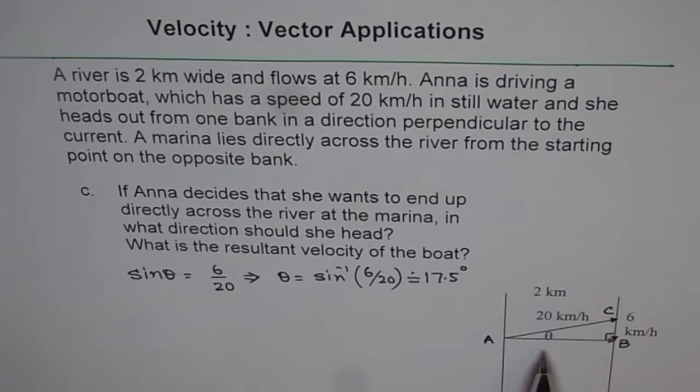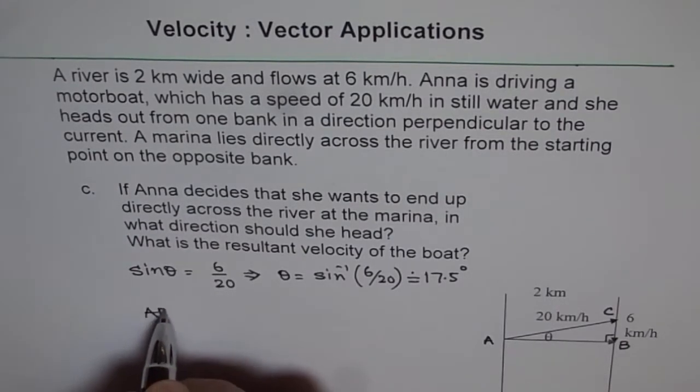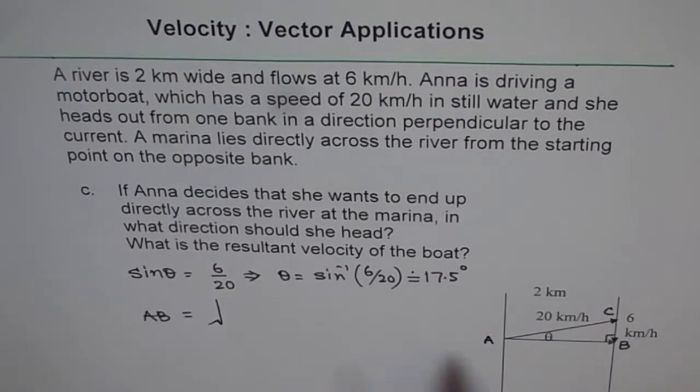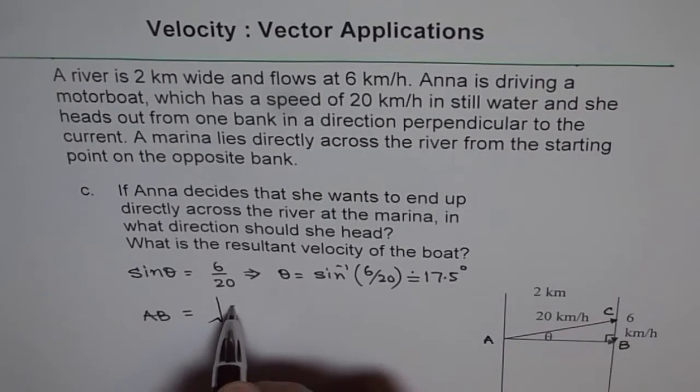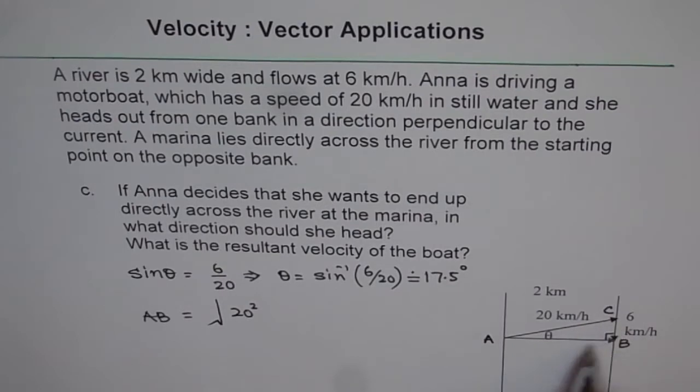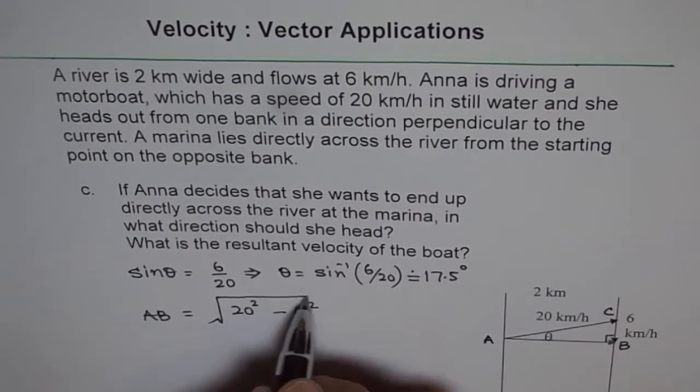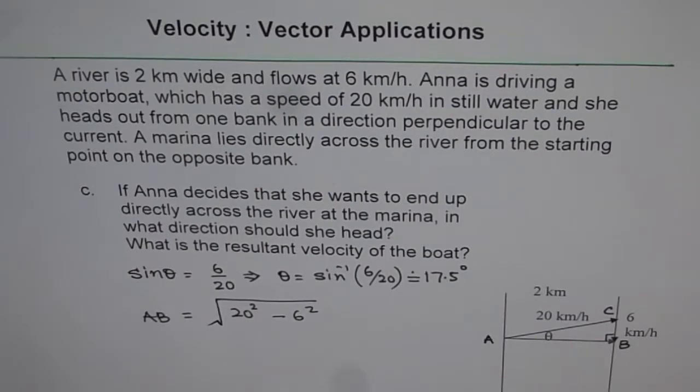For finding this out, we can use the Pythagorean theorem, right? So these are the three sides, hypotenuse. This side AB will represent the velocity of the boat. So AB is equal to the square root of hypotenuse square, which is 20 square, minus opposite side square, which is 6 square. So that gives us AB, right?